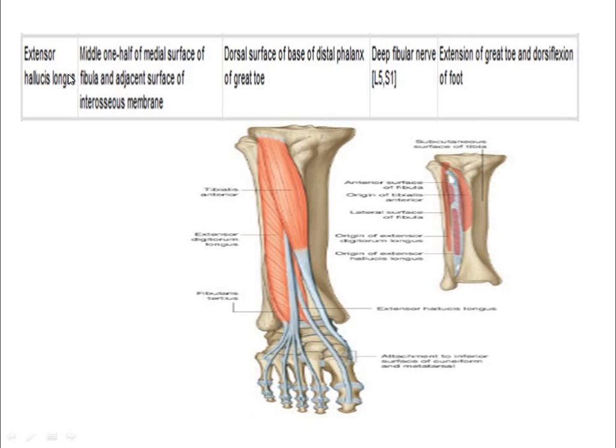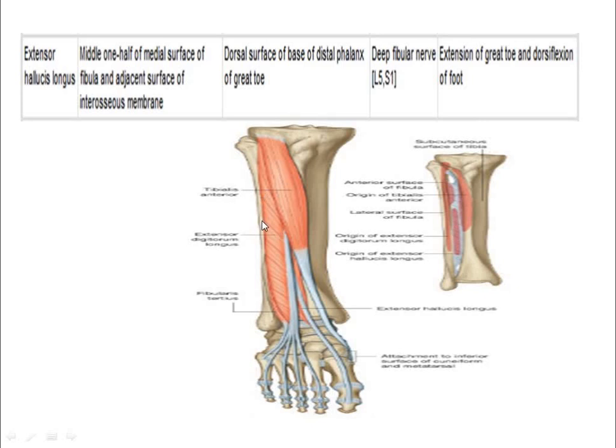Extensor hallucis longus, the second muscle; the name itself suggests it's going to be an extensor of the hallux, or the great toe. This muscle arises from the middle half of the medial surface of the fibula and the adjacent interosseous membrane. This is the attachment of extensor hallucis longus.